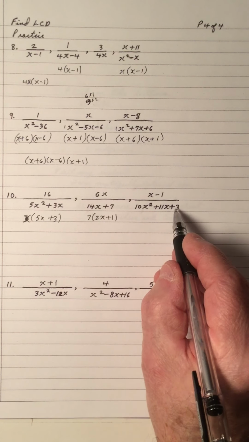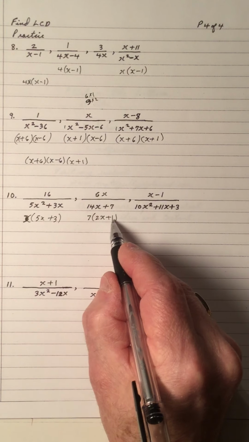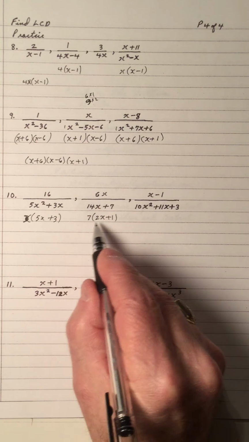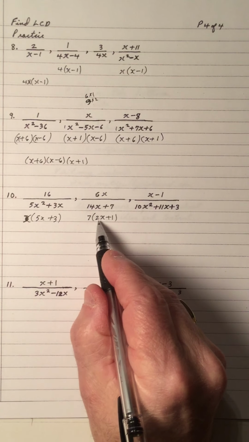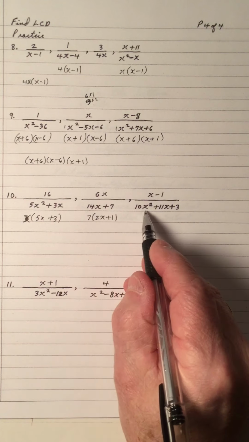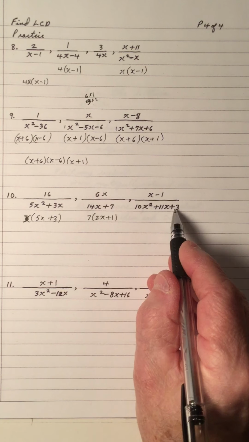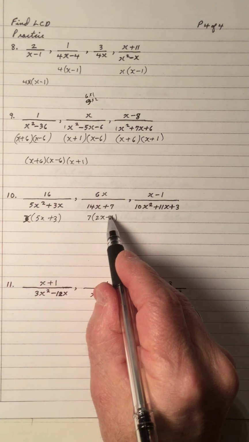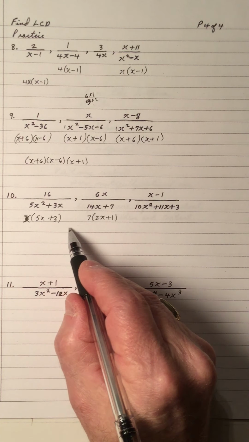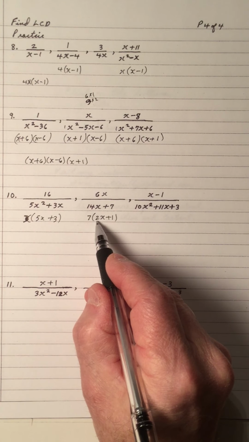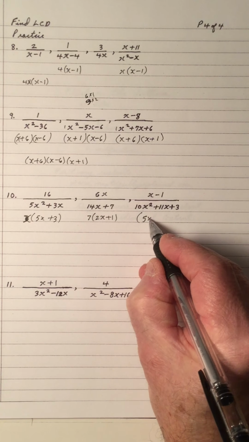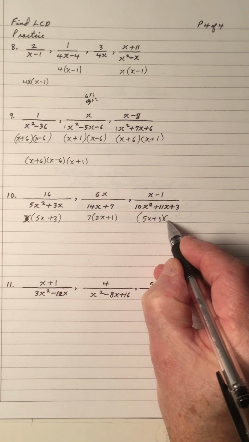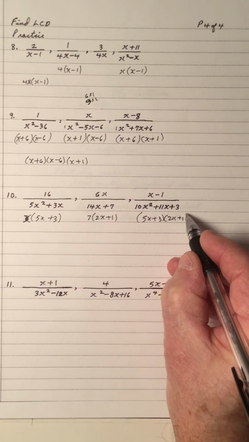So it's possible the 3 is 3 times 1. Is it possible that the two of these could be the factorization of this? We'll check it. 5x times 2x is 10x squared. 3 times 1 is 3. Outside is 5. Inside is 6. Makes up 11. So it is 5x plus 3 times 2x plus 1.